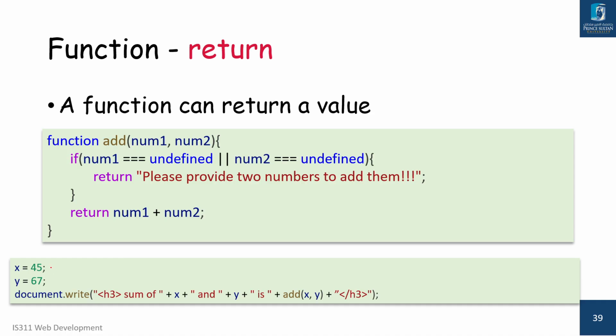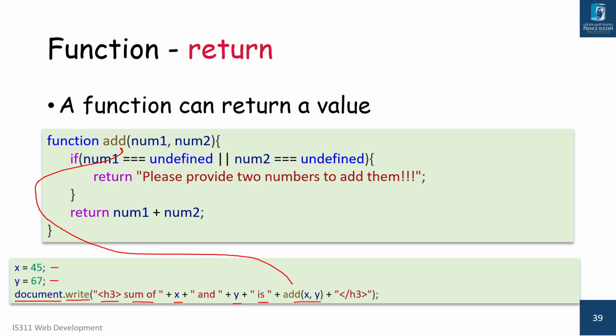So we are defining a variable x is equal to 45, y is equal to this, and then we say document.write. I hope you remember that document means we are talking about the HTML document, and inside that HTML page we want to write an h3 tag, sum of x and y values is this. So we are executing this method and giving these x and y two values.